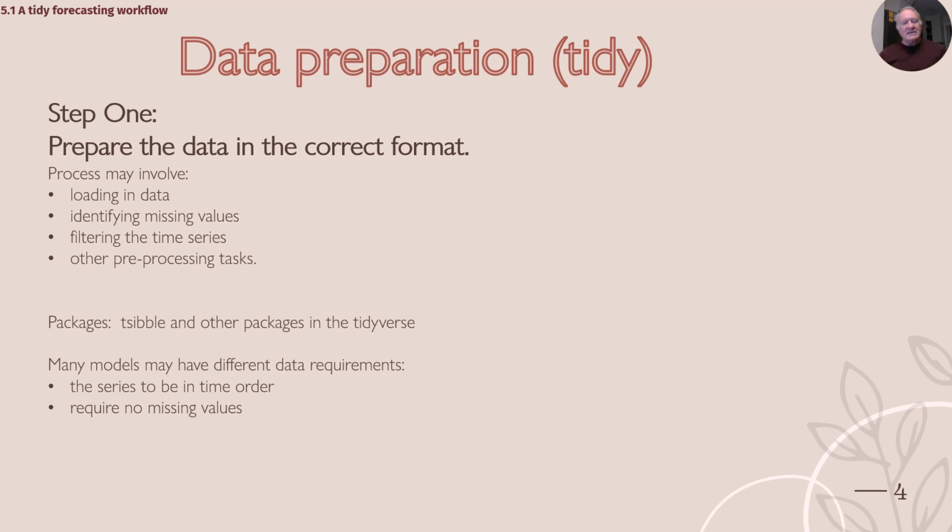So step one is to prepare the data in the correct format. So this process would involve loading in the data and identifying missing values and possibly filtering the time series and other pre-processing tasks that might need to be performed.